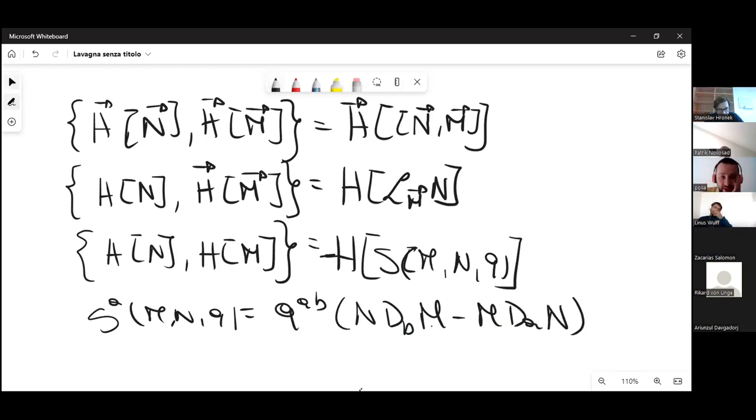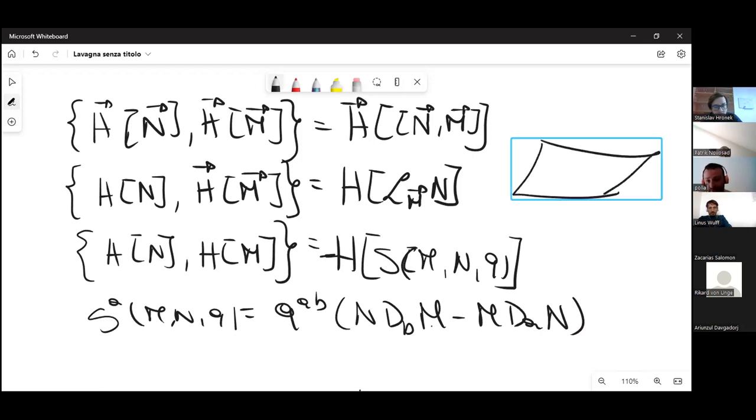Now, the meaning of this is a little more tricky and complicated because you don't understand what's going on here. Roughly speaking, this H does the following. It drags. So maybe it's better to have this written in this way.